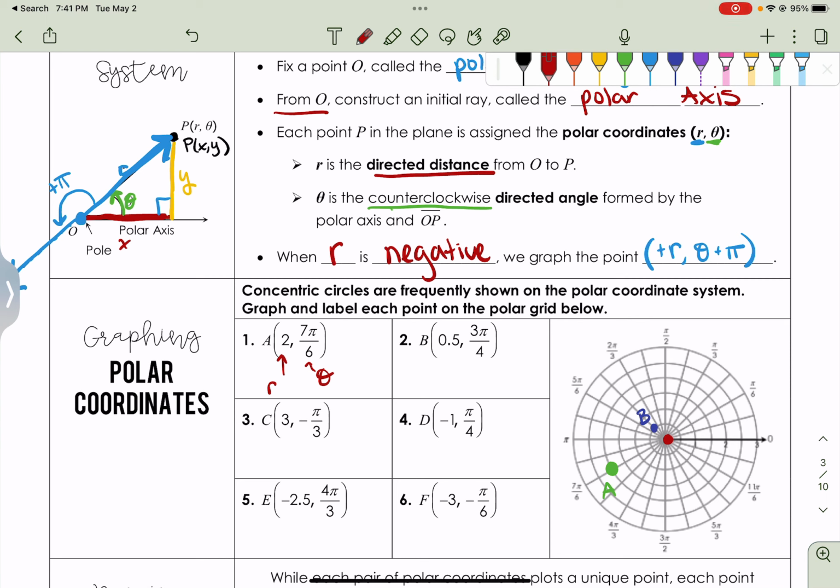All right. Now if we're looking at number 3, we'll open to 3 and then rotate around negative pi over 3. So that means we move in the negative direction, and negative pi over 3 is coterminal with 5 pi over 3. So this is the location of point C.